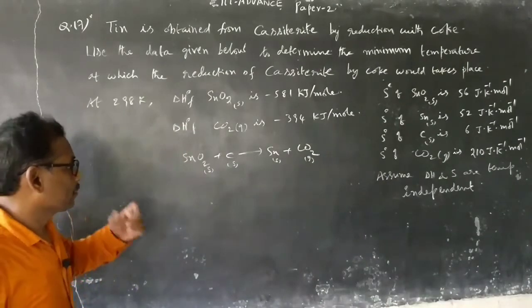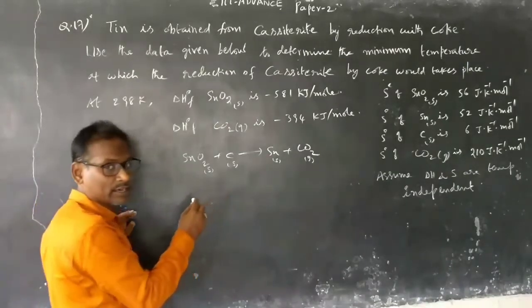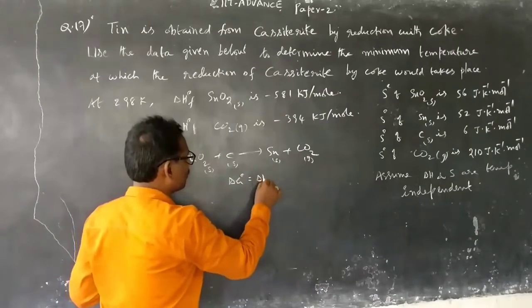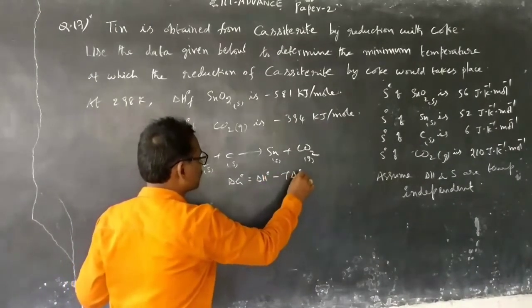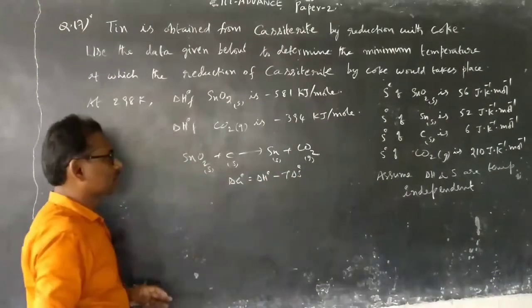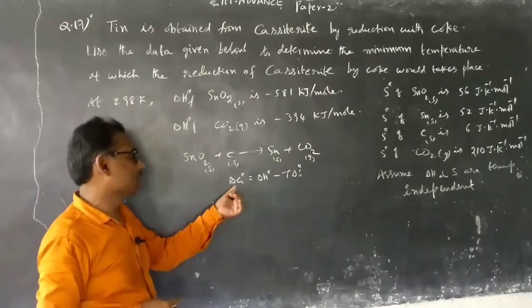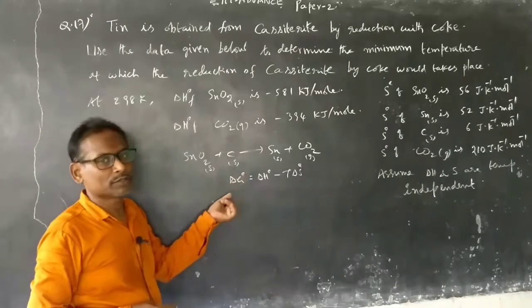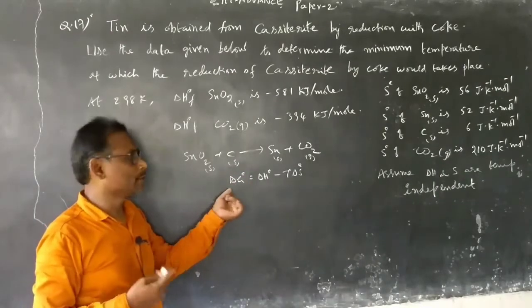Now normally, by using an equation, that is the second law of thermodynamics, ΔG0 is equal to ΔH0 minus TΔS0. So we know whenever the reaction is to be spontaneous, this value must be negative. But in equilibrium condition, we can say this value will be 0. So let us first find the equilibrium temperature.